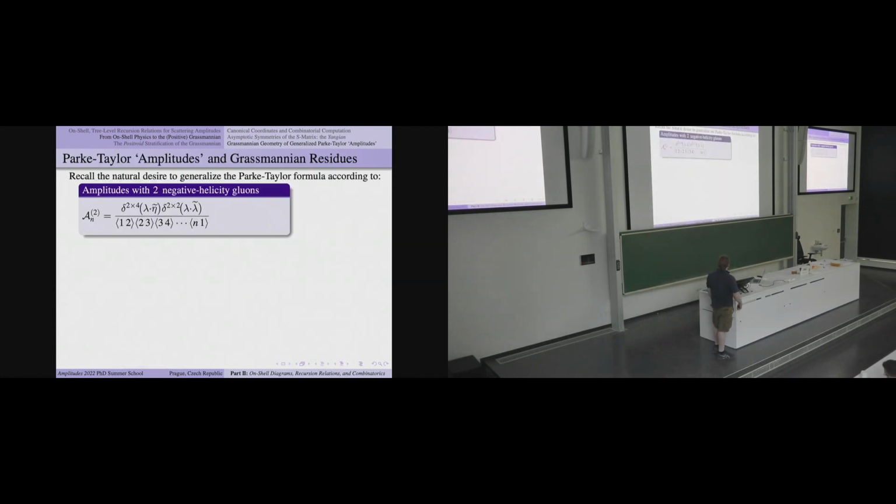Okay. This is actually historically the first road to the Grassmannian, before we understood the combinatorics of these diagrams or anything like that. And one way to see it was to think about generalizing Park-Taylor in the following way. So remember, we have this formula for the MHV amplitude. This is Park-Taylor.